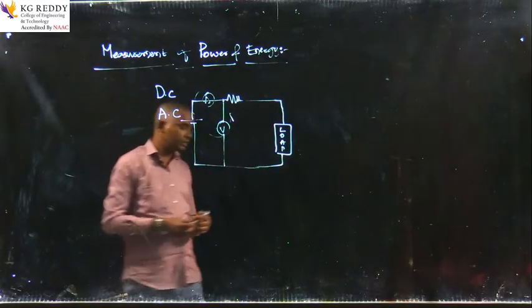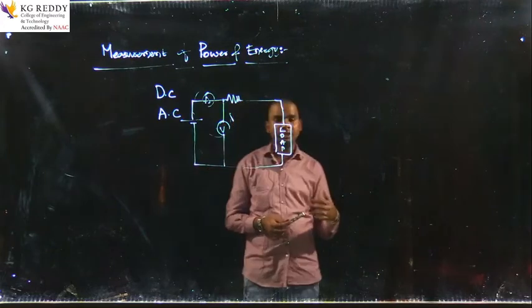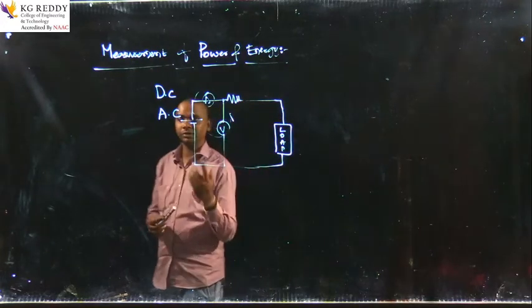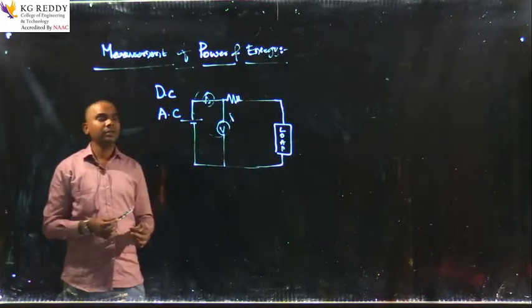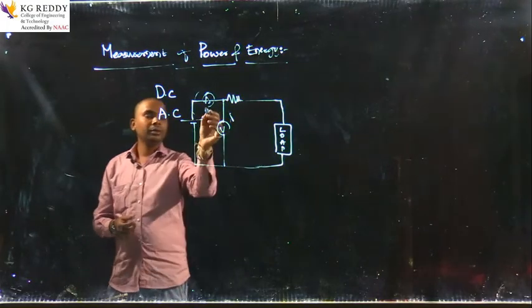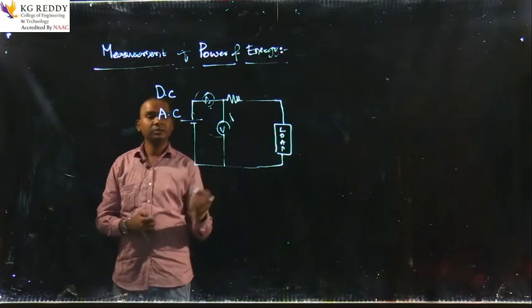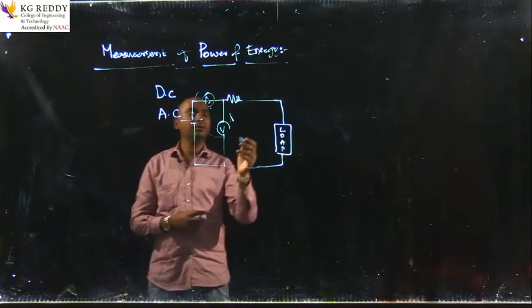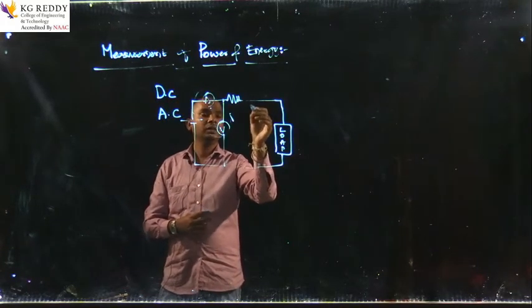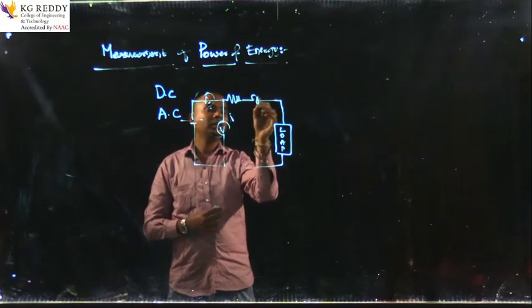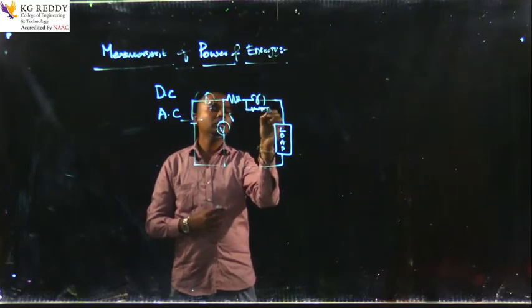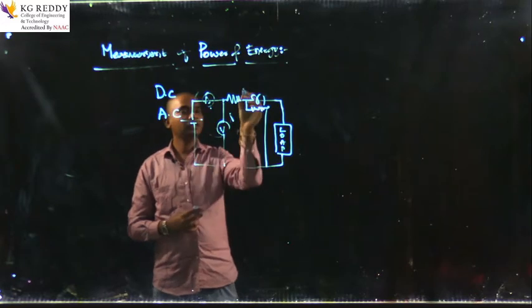Next, in case of AC measurement, but before that we will see DC. For DC measurement, placing a voltmeter and an ammeter is one kind of method. Another kind of method is placing a wattmeter directly over here, and we can know the value of power in that particular circuit.